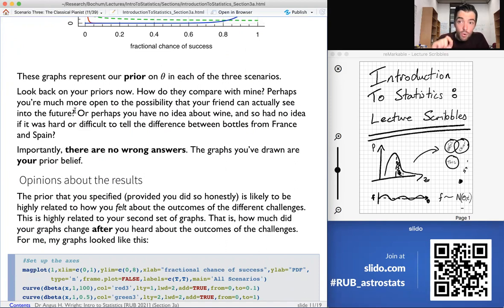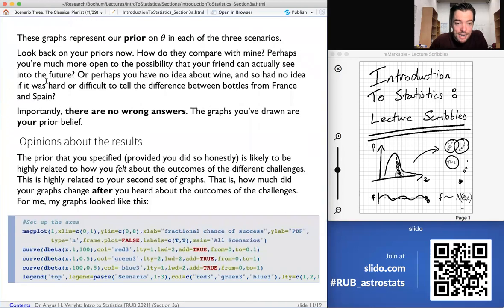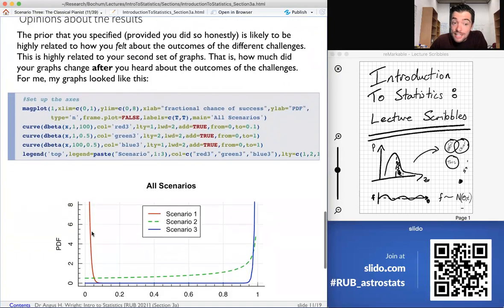And if your graph after the fact, after seeing the data, is still very, very low probability at one end, at the negative end, at the lying end, like it is for me, for example, with our soothsaying fortune teller, then that's an indication that observing the data has had very little influence over your prior.